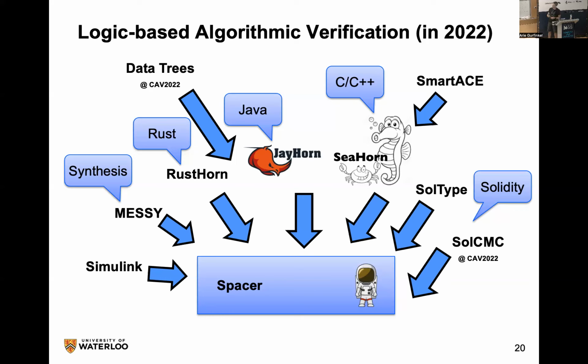But another one I was quite surprised with, which is DataTrees, that was talked about yesterday, uses it to do emptiness of tree automata. There's also work in trying to use it, say, even for synthesis. There's a tool, Messy, from Loris D'Antoni's group that uses Spacer in a completely unexpected way. I still can't wrap my head around how it works for them, but it seems like it does.